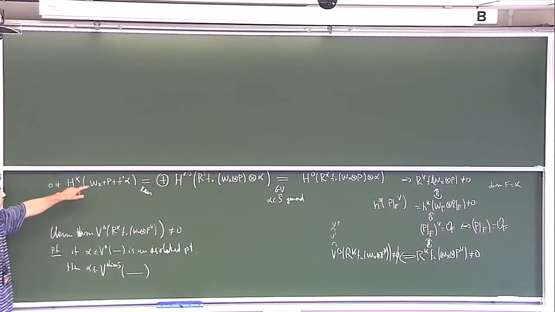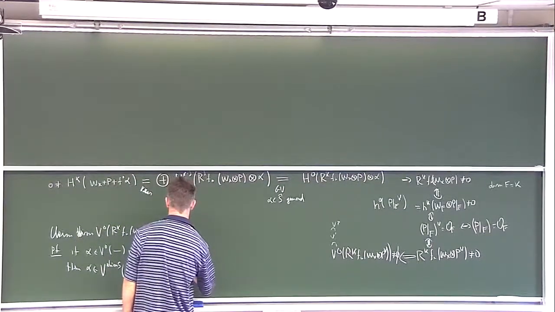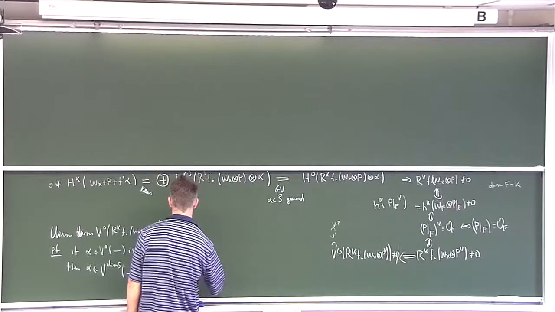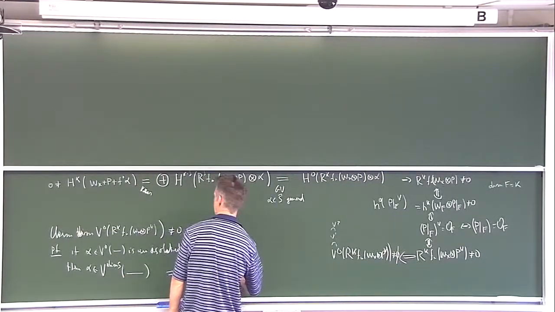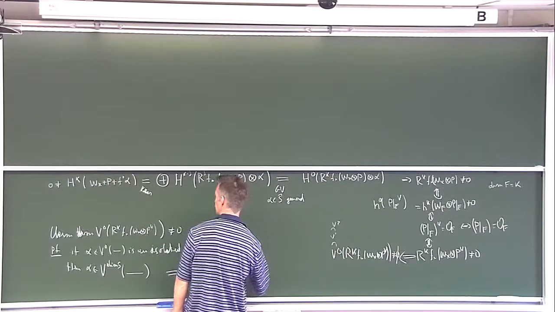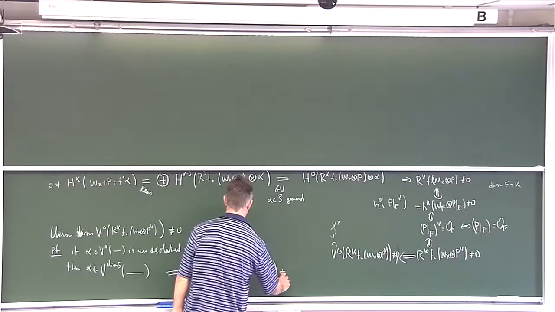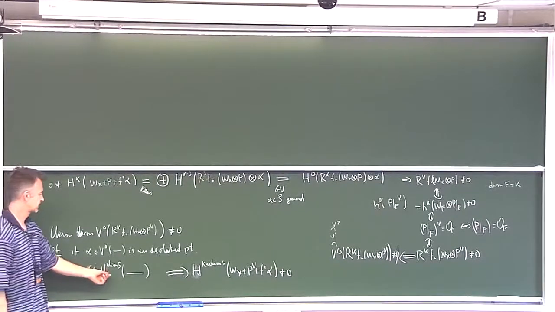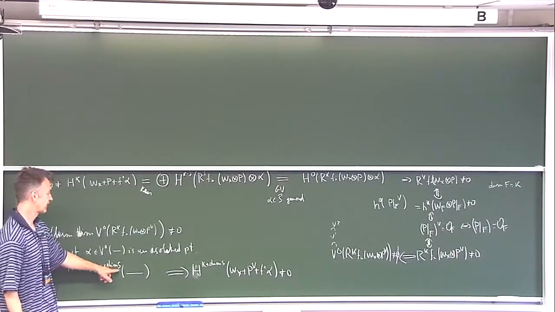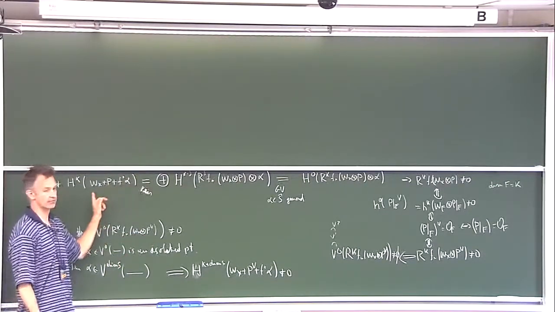Okay. Now, by this argument on the top line, that tells me that H^(k plus dim S) of omega_X tensor P dual tensor F upper star of alpha is non-zero. Right? Because here I have something in H^(dim S) of R^k F lower star of that sheaf, and it's just a summand of that thing.